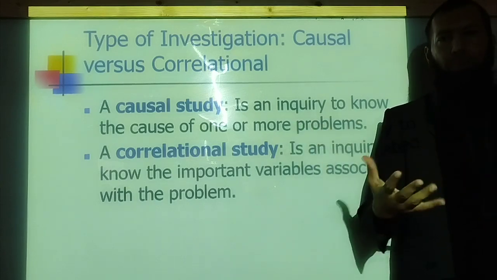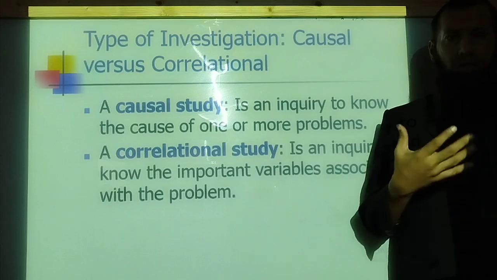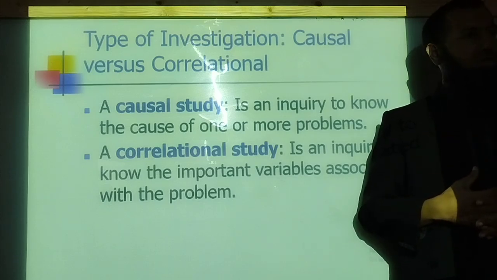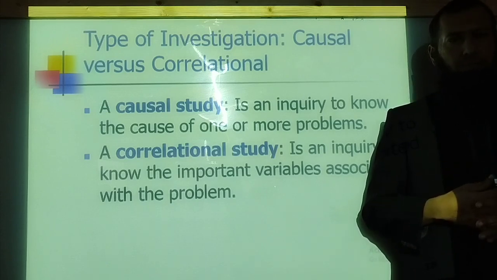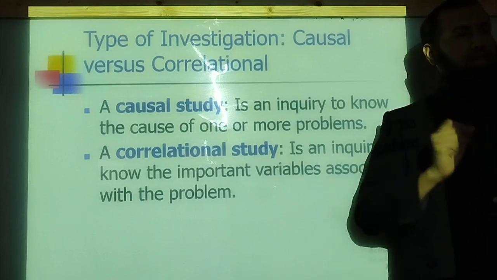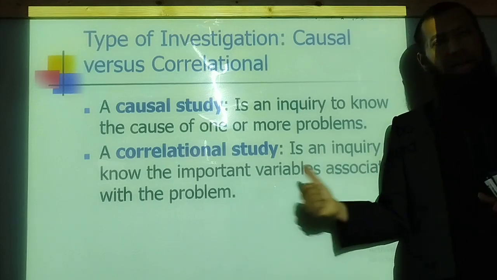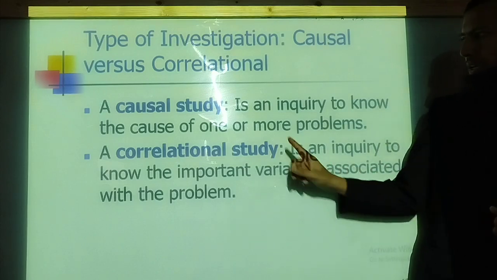There is nothing to compromise. For example, you are about to launch a medicine, so you cannot compromise on other factors. You must be very precise. So you go with the causal study.